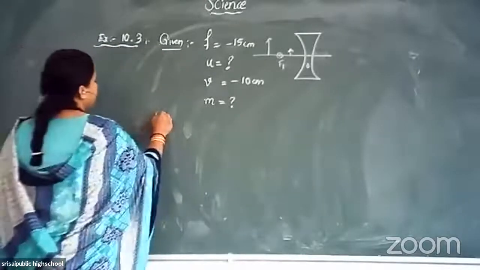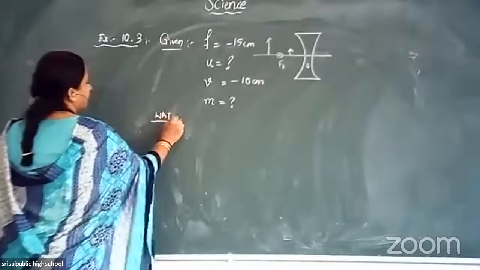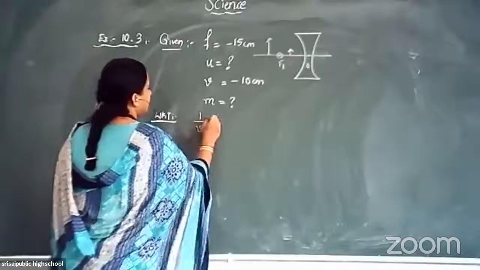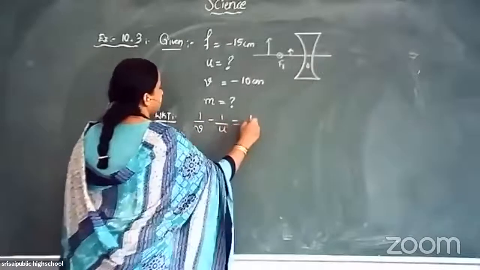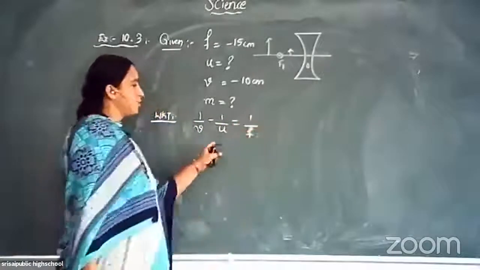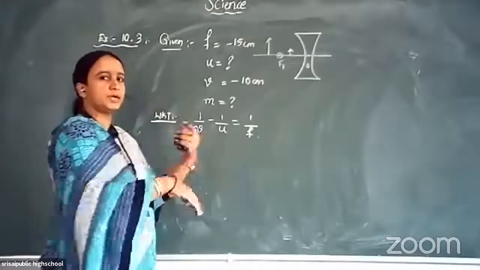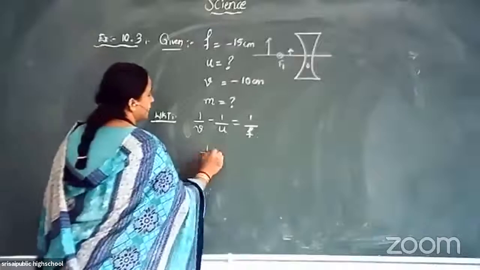So we know the lens formula. According to the lens formula, 1 upon V minus 1 upon U is equal to 1 upon F. But you want the object distance, that is U. So you take U on the left hand side.